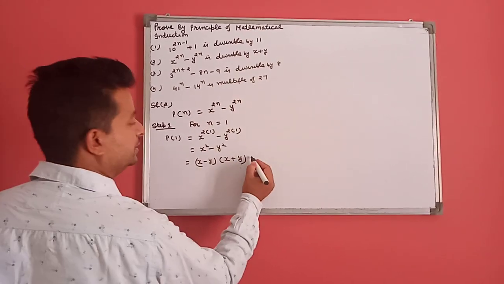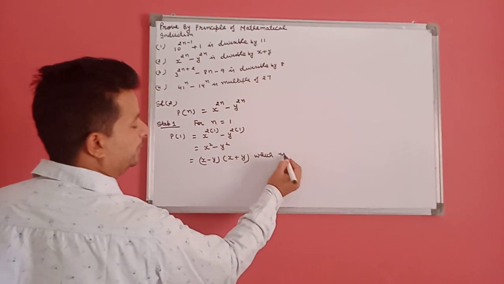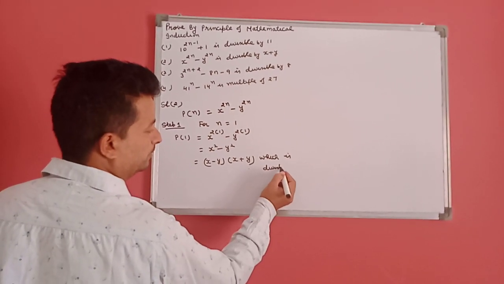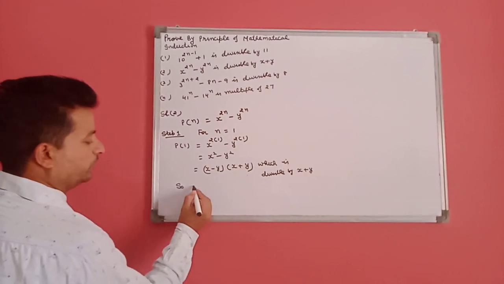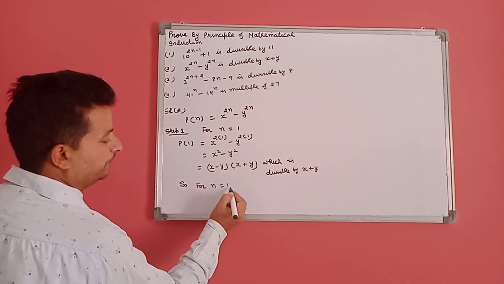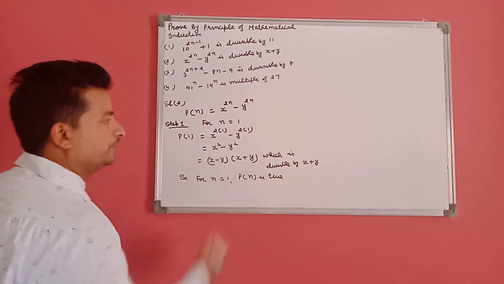This means this is divisible by x plus y. So for n equal to 1, Pn is true. This is step first.